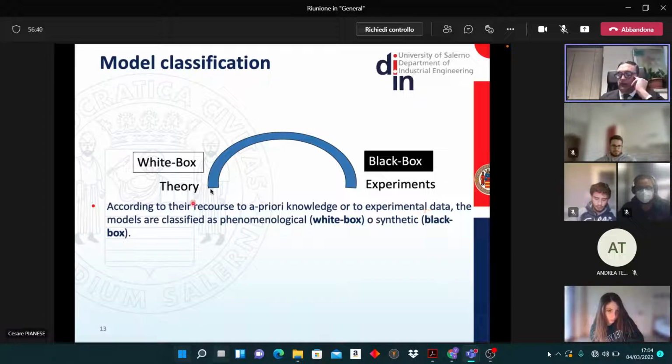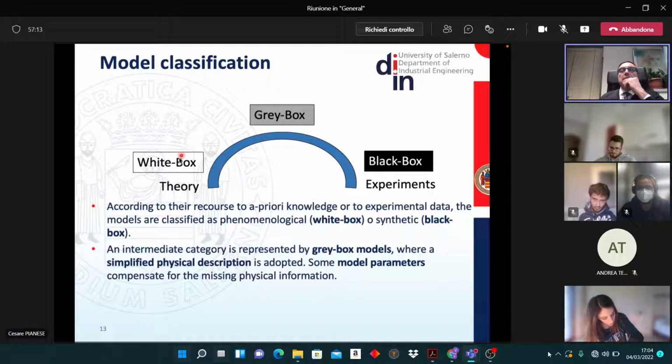These are more representative of physics, so they are called phenomenological, and these are called black box or synthetic, because they are synthetic in terms of the number of equations, in terms of the synthesis of the problem.